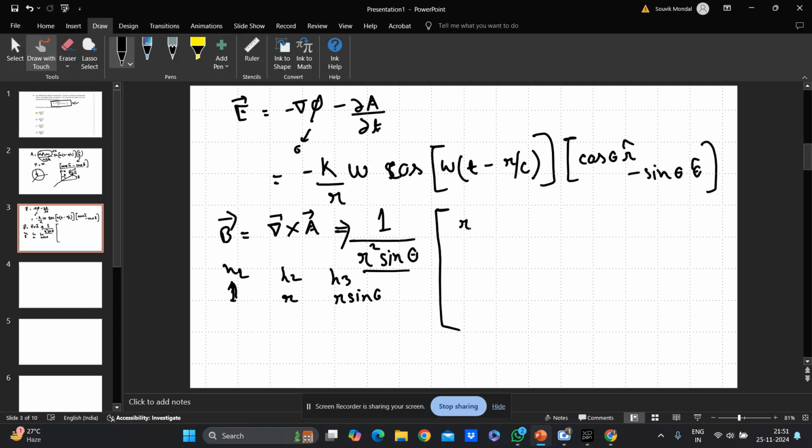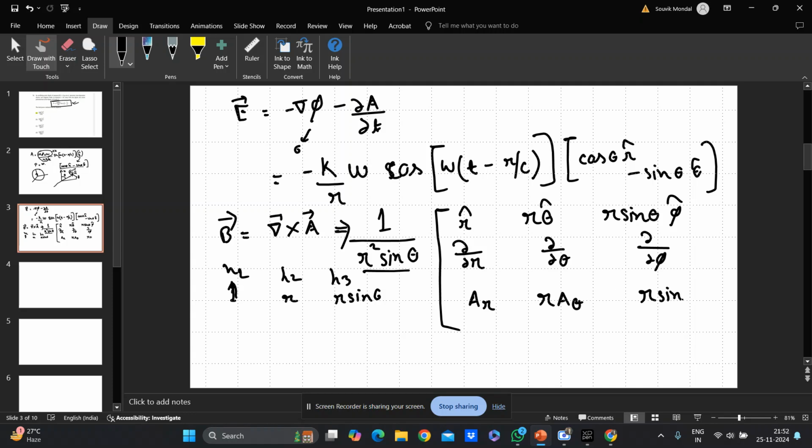Now there is r hat, r theta hat, r sine theta phi hat, del del r, del del theta, del del phi, and there is A r, r A theta, r sine theta A phi. Okay, so this is the form.